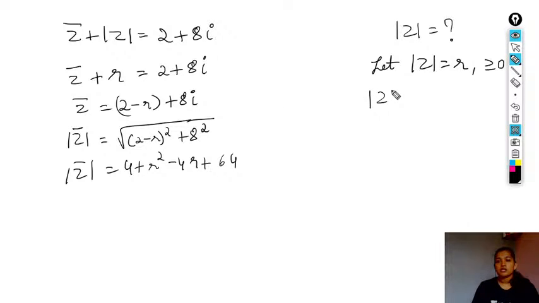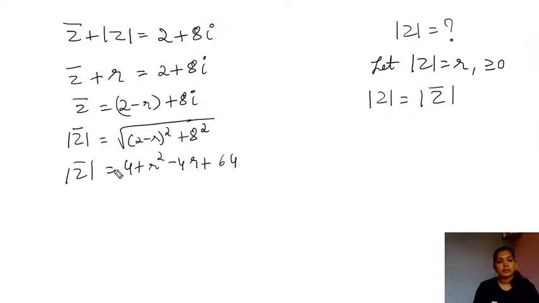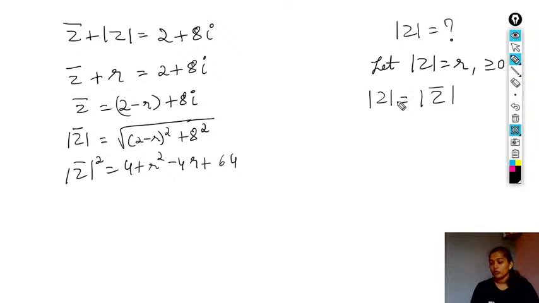When you have modulus of z, students, this value will be equal to modulus of z conjugate, right? Where modulus values are equal, squares of them will also be equal. So we have modulus of z value as r, right? So what will be the value for modulus of z the whole square? This will be r square. So we have modulus of z conjugate square also equal to r square.